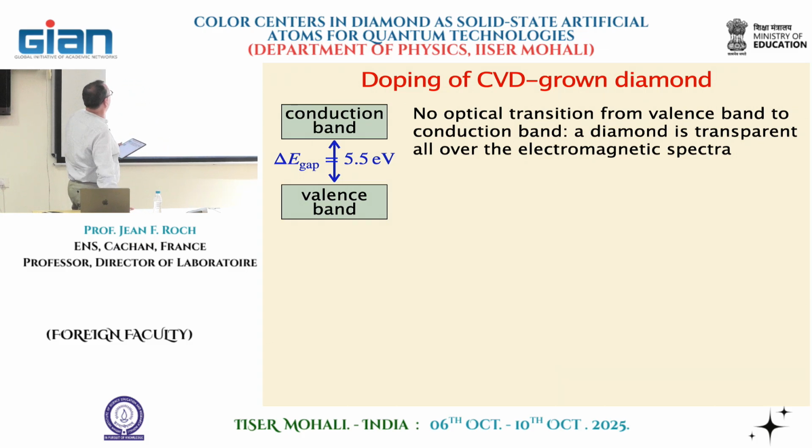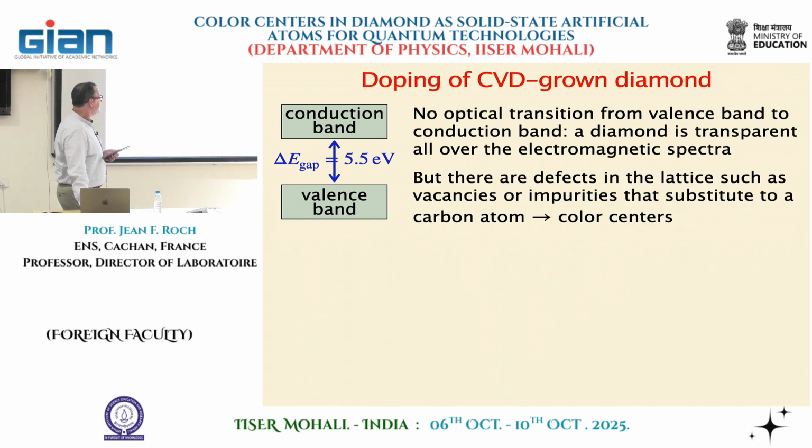You can have doping. And of course, as you know, diamond is a wide bandgap material, 5 electron volts for the energy difference between the valence band and the conduction band. And that means also that diamond has this unique property to be transparent over a very large electromagnetic spectrum, going from the X-ray to the infrared, to the far infrared.